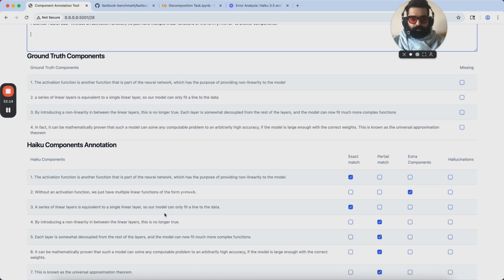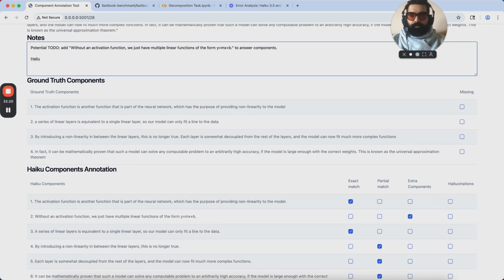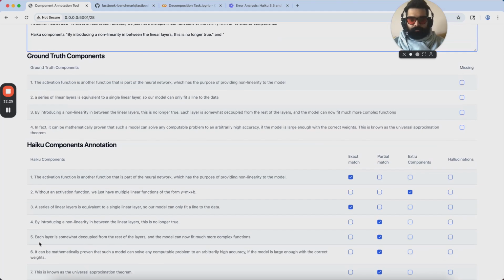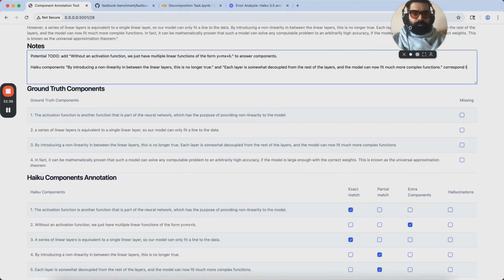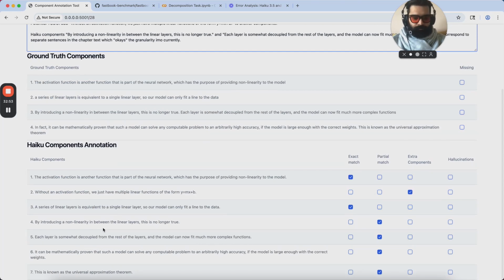So I'll say that Haiku components, this and this, correspond to separate sentences in the chapter text, which okays the granularity, in my opinion, currently. And then it can be mathematically proven. This is known as the universal approximation theorem.